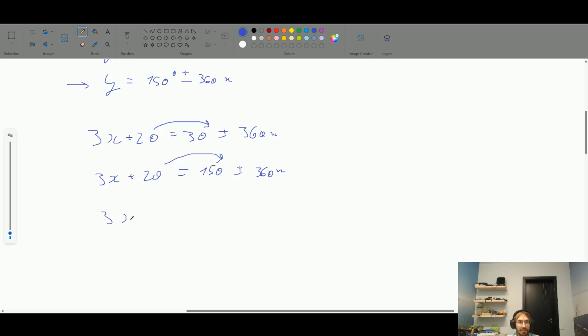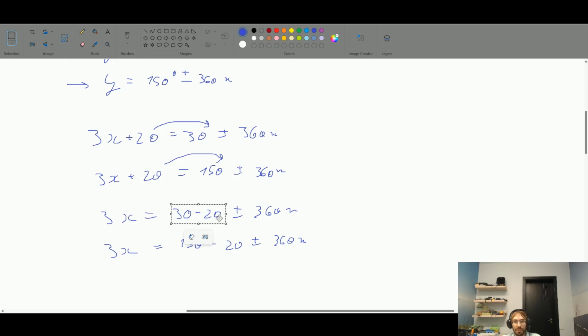3x equals 30 minus 20 plus or minus 360n. 3x equals 150 minus 20 plus or minus 360n. So this is obviously 10, so I will replace it straight here by 10, and here by 130.